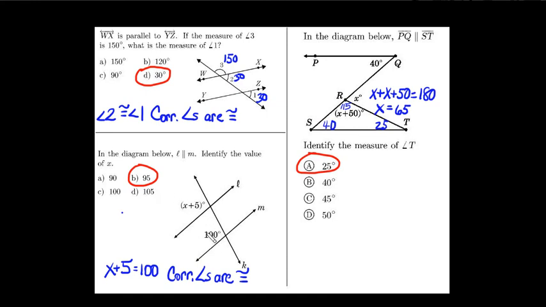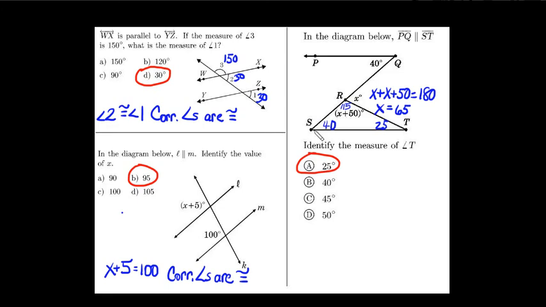Lastly, I put this picture up here, and it says in this diagram below, you're told that PQ is parallel to ST, and you're asked to find the measure of this angle. Well, how did I go about this? I know that right here, this angle QRT has the value of x, and I know that SRT is x plus 50.